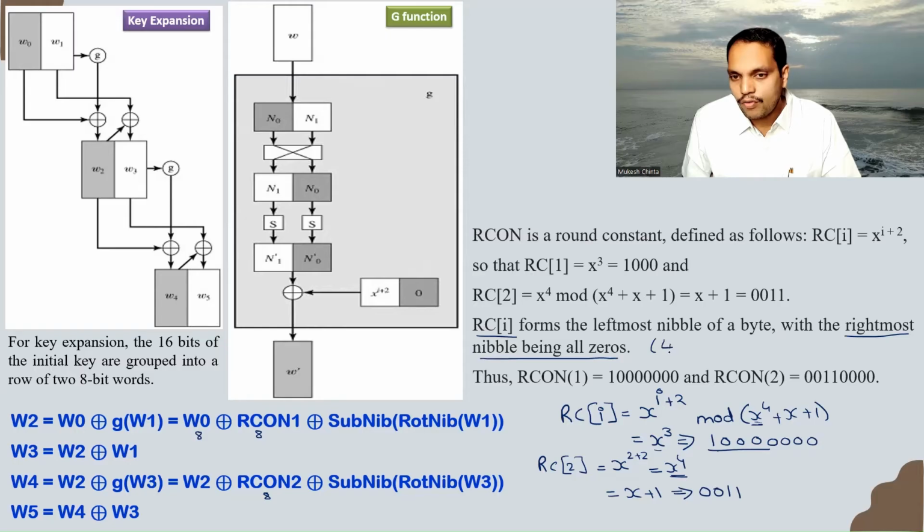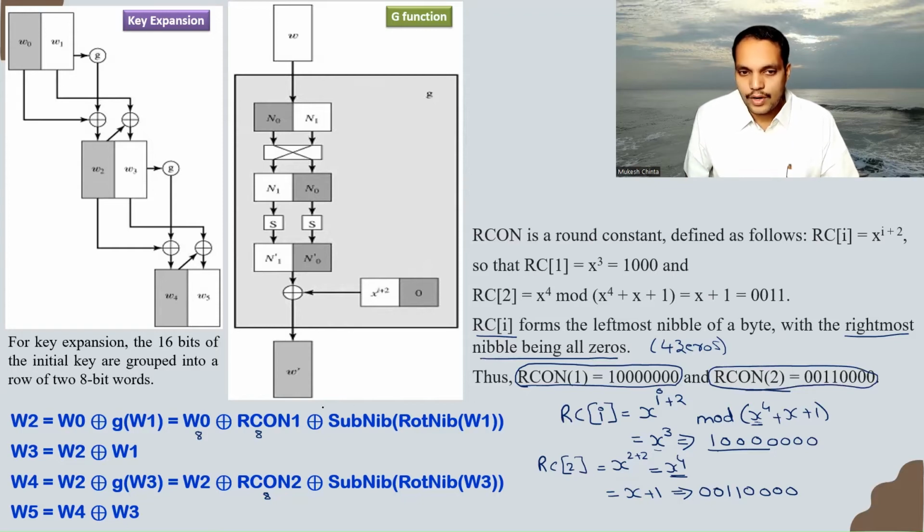So I'm just adding 4 zeros, which gives me my round constant 1, which I can use. And this is my round constant 2. This is how we obtained these two values, and we can employ them.